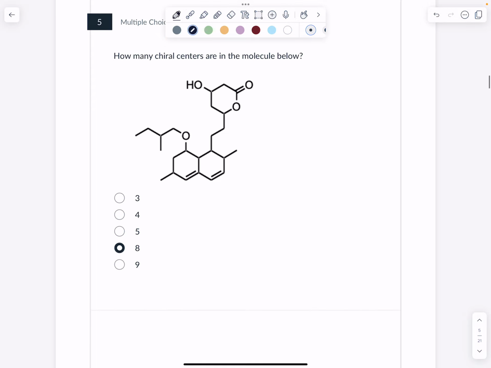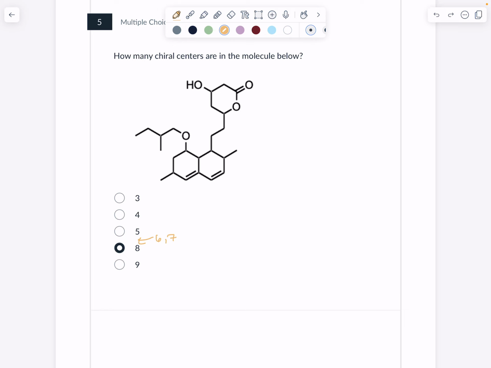Okay, next question. How many chiral centers are in the molecule below? So I actually adjusted this question. There's no 6 or 7. That is kind of a hint to you. It was easy to find 6 or 7 chiral centers, I thought. Easy is relative because all these questions are hard. But whenever I went through it, I very quickly identified 6 and 7 chiral centers, but I got stuck on finding the 8th one and it tripped me up.